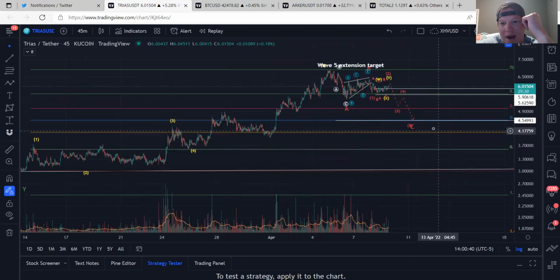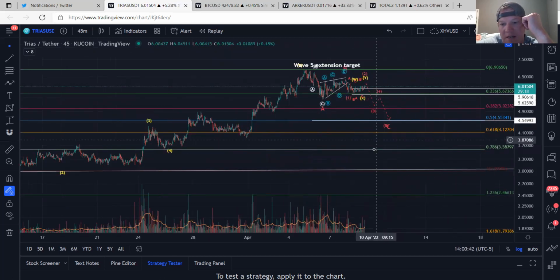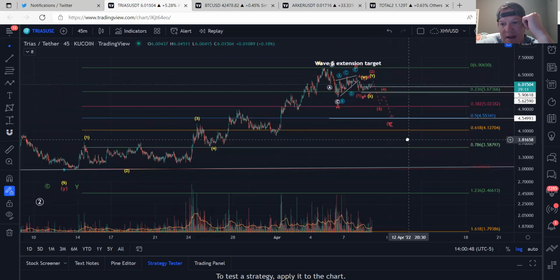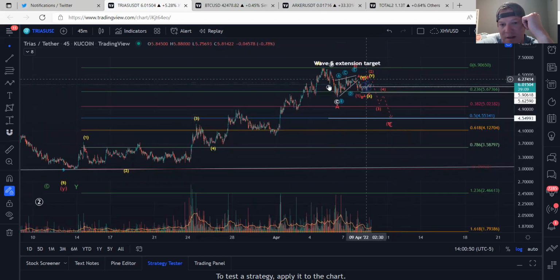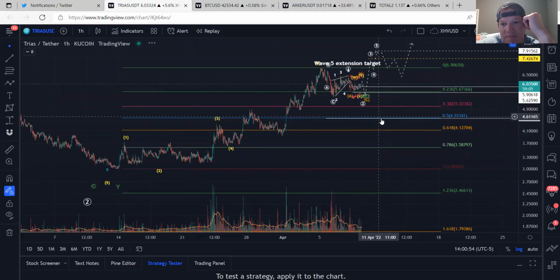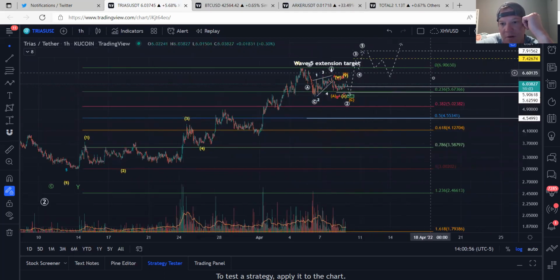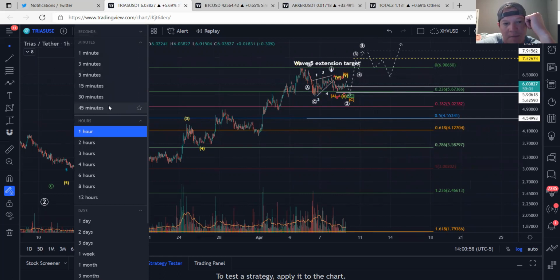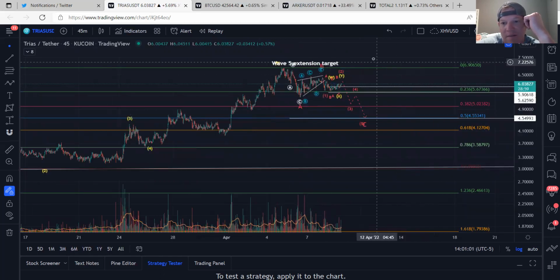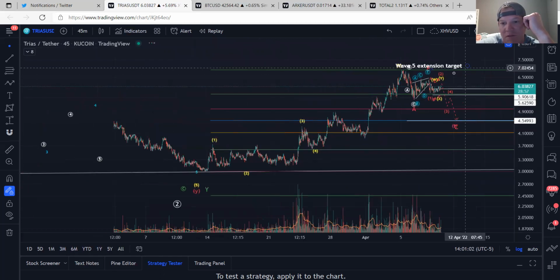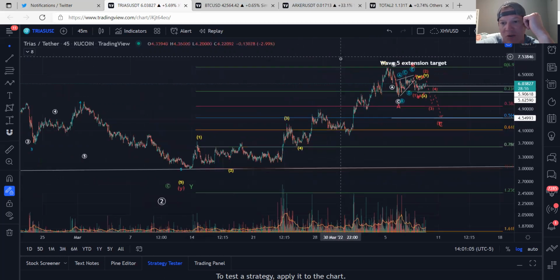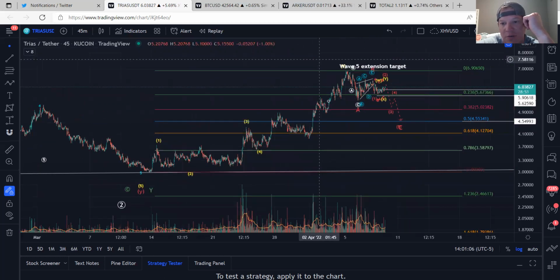My personal bias would be that we would get a deeper correction if we do end up getting this corrective structure here, but it doesn't have to happen. Like I said, in the other scenario, we could simply be finished and already ready to rock and roll, which if that's the case, this trend would be super strong, because that would be a crazy shallow 2-wave, which didn't even retrace down to 0.382.